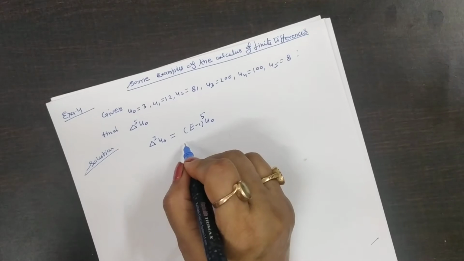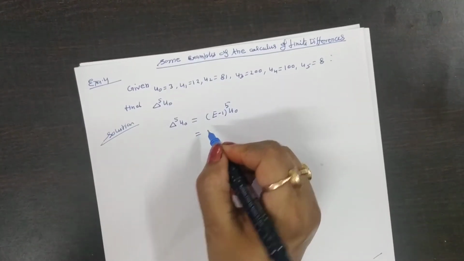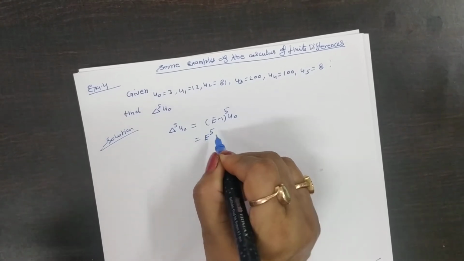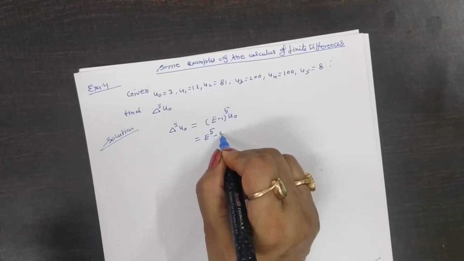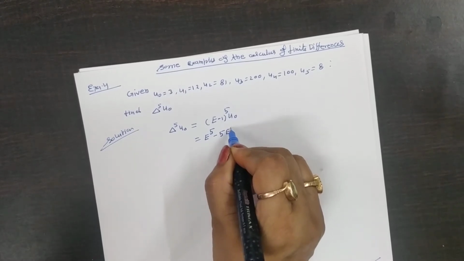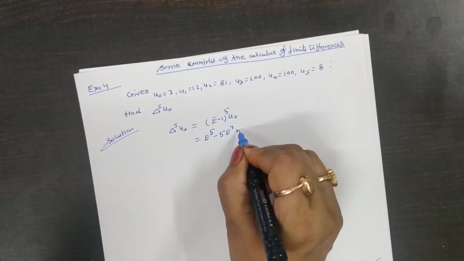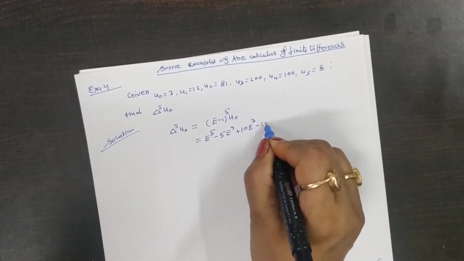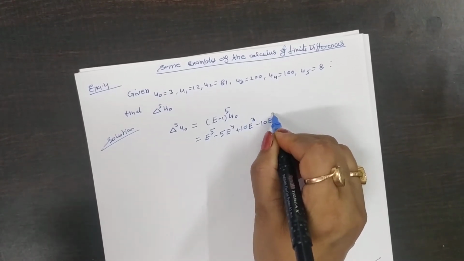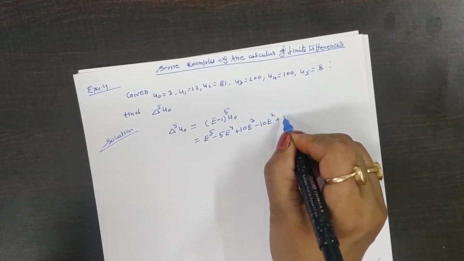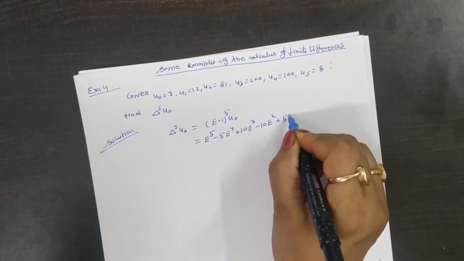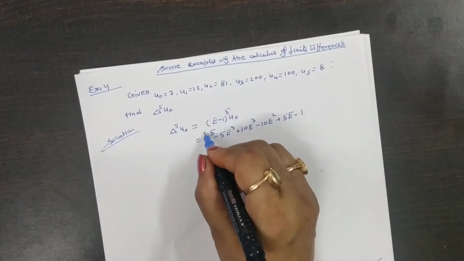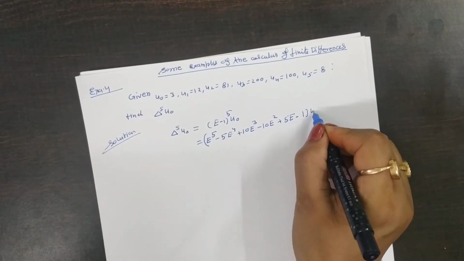By the binomial expansion, this can be written as E^5 minus 5E^4 plus 10E^3 minus 10E^2 plus 5E minus 1, operating on u0.